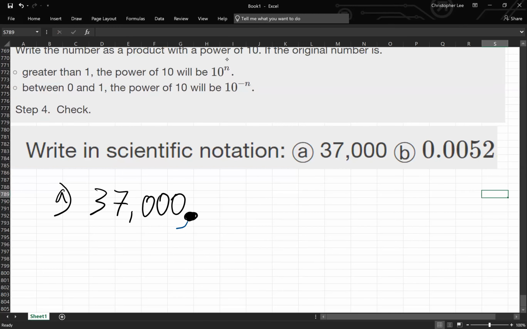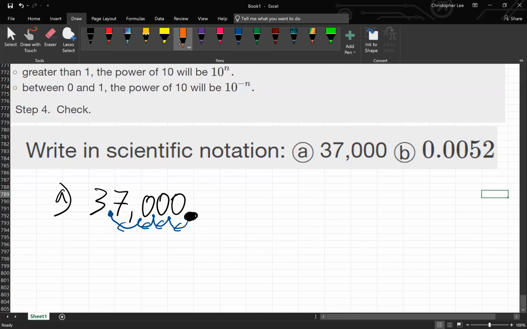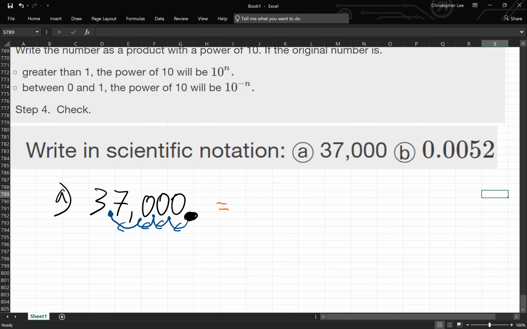So I'm going to move this over how many spaces? 1, 2, 3, and then 4, going to the left. So what's my number here? This is going to be 3.7 times 10 to the 4th power. Questions on that?